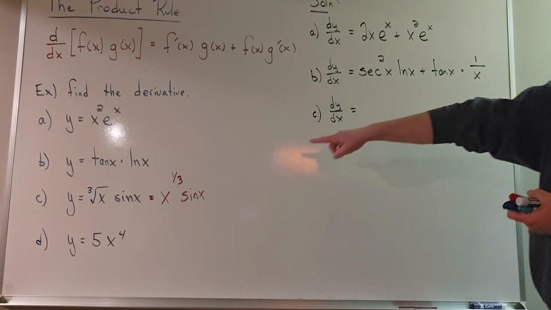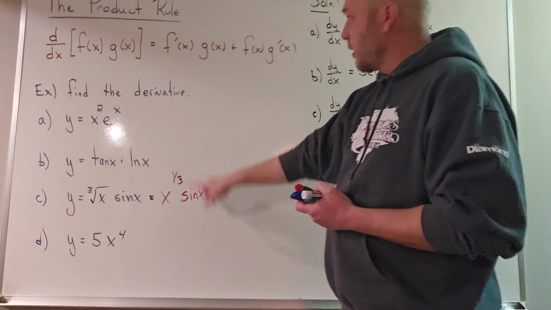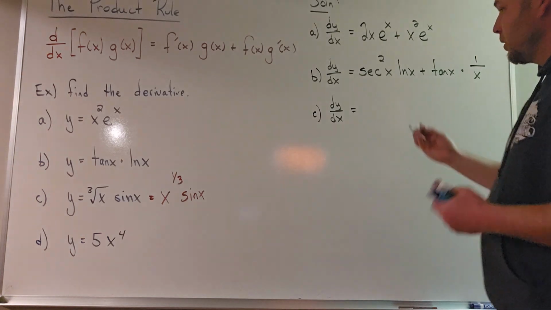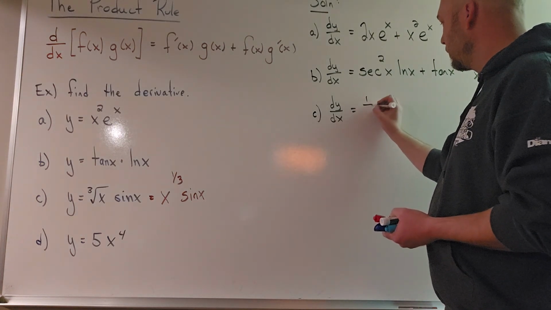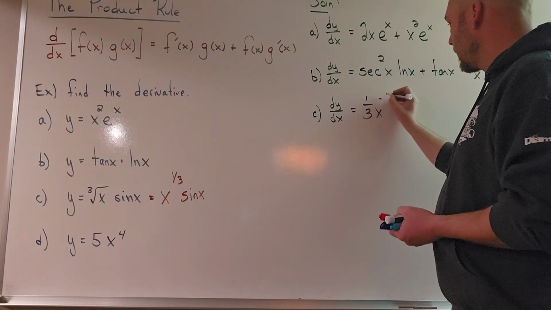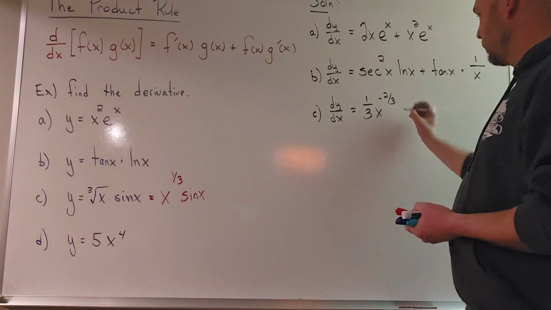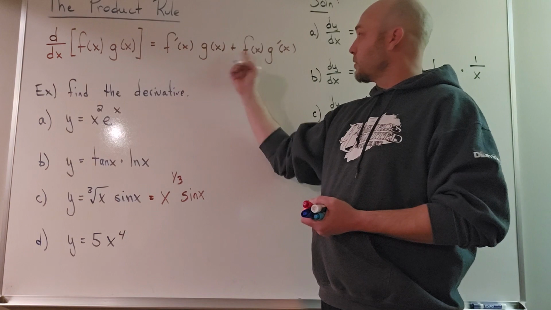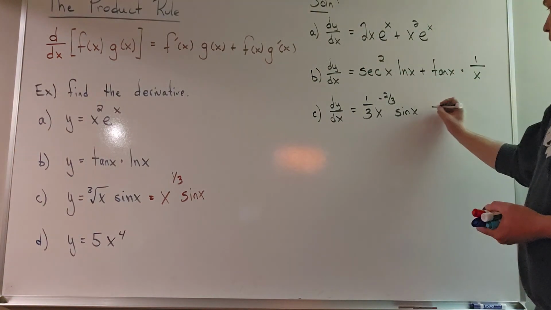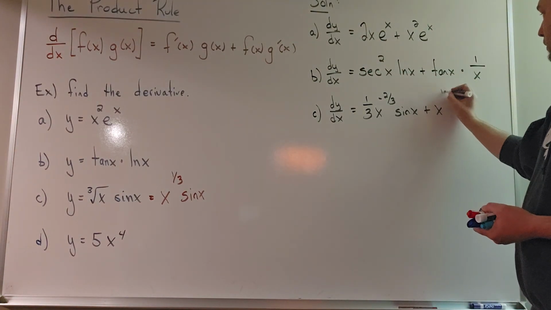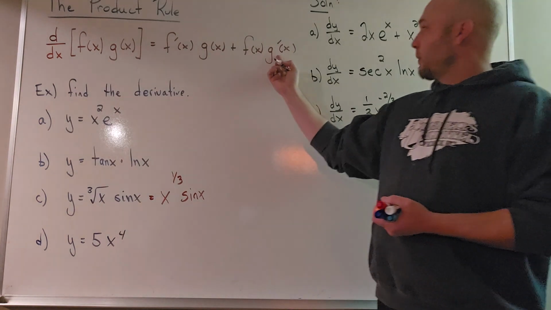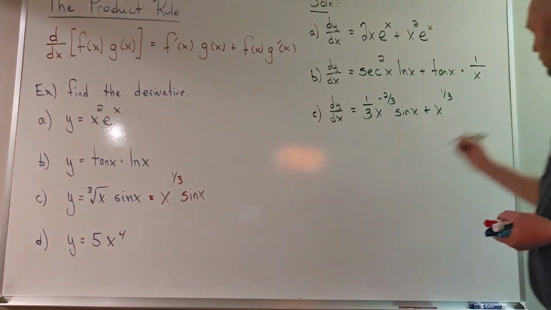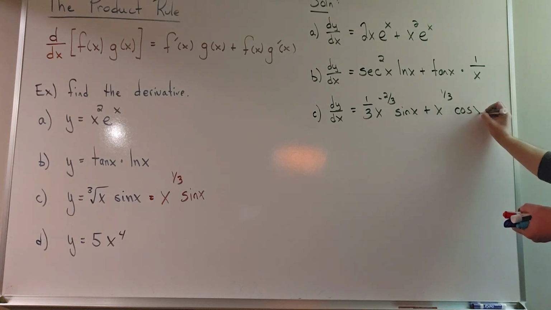So the derivative of this product right here, again, f prime, the derivative of the first factor, would be 1/3 x to the negative 2/3 multiplied by the sine function, so multiplied by the second factor, plus the first factor, which is x to the 1/3, multiplied by the derivative of the second factor, the derivative of the sine function being the cosine function.